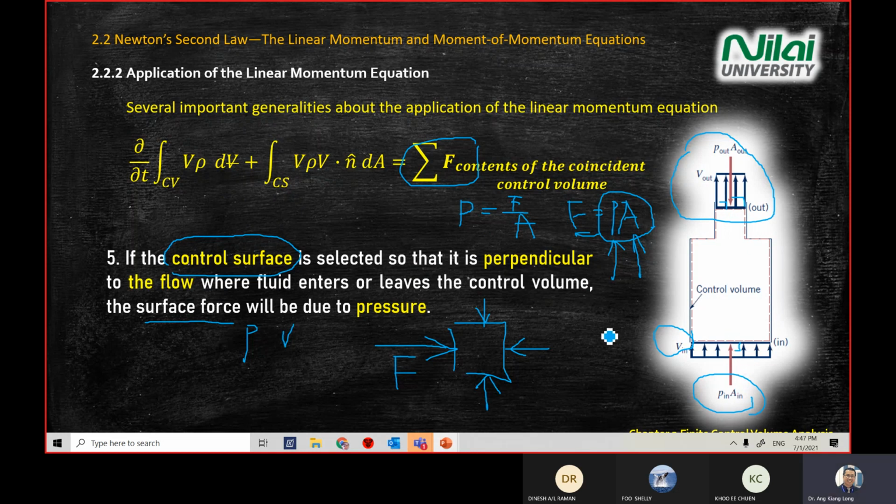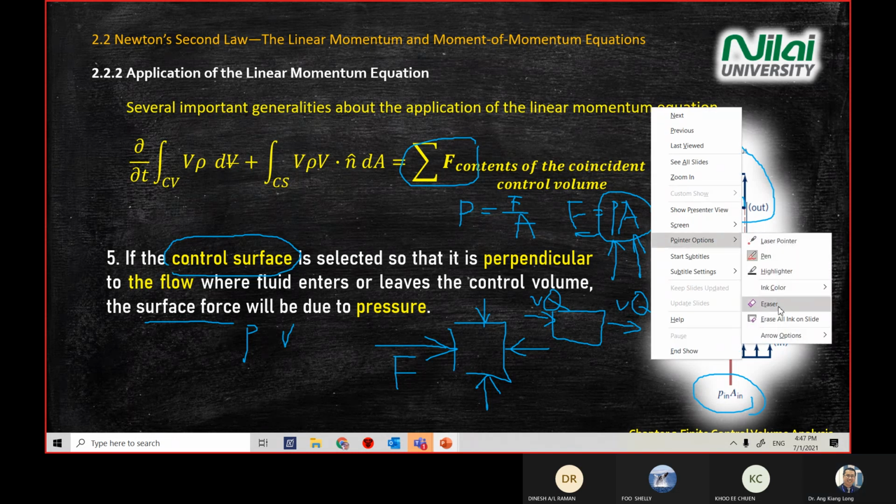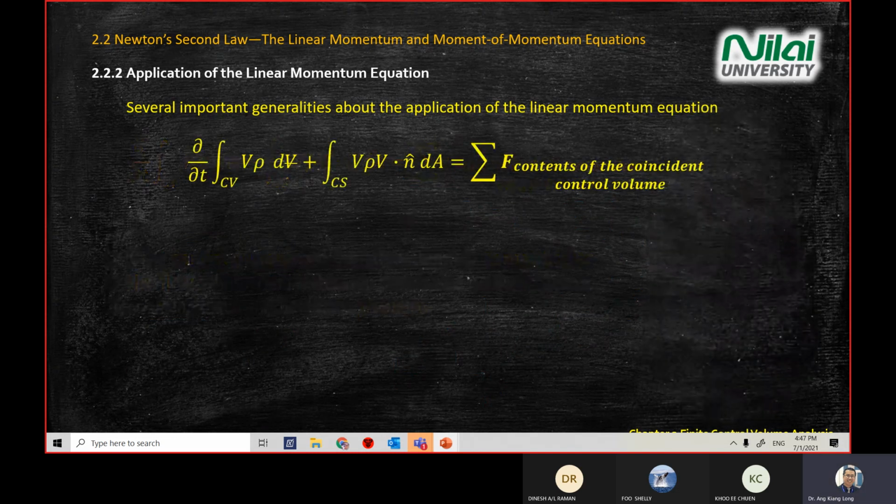We are all used to the inlet and outlet, so just be careful. Don't confuse it with the velocity, the Q, and so on. When we deal with force, the force always points to the area, or to the control surfaces.